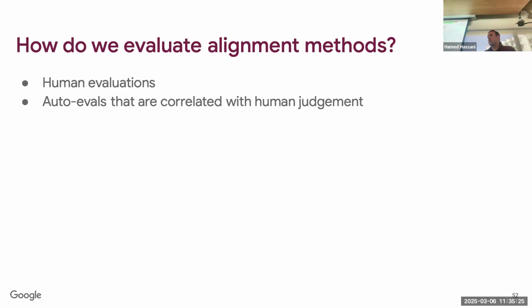Generally, the gold standard is human evaluation. You have humans use it, and they like it. But as a researcher, I can't just train a model and get 1,000 humans to start looking at it. The turnaround is very, very slow.